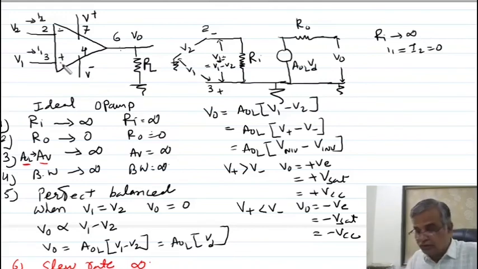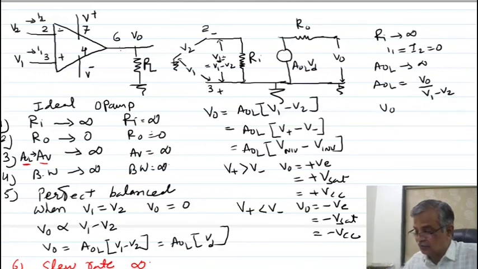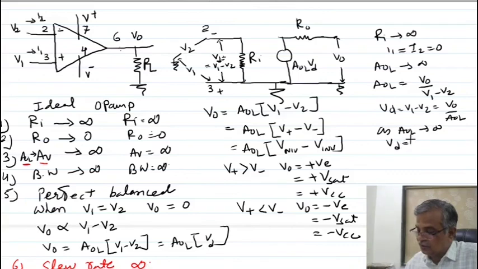Second, due to infinite open loop gain, AOL is infinite. So my differential input voltage is VD. I can write VD equals V1 minus V2 equals VO upon AOL, and as AOL tends to infinity, VD equals V1 minus V2 equals 0.